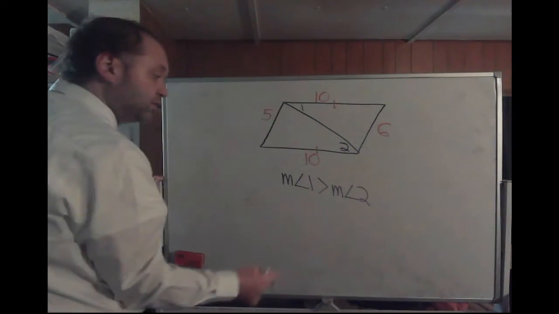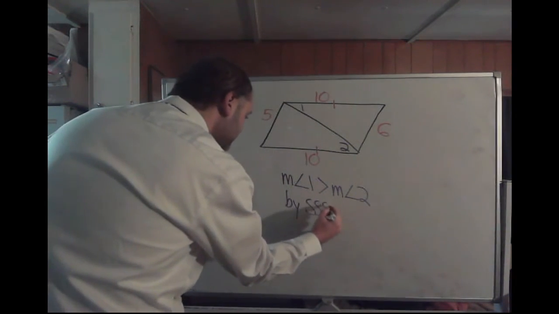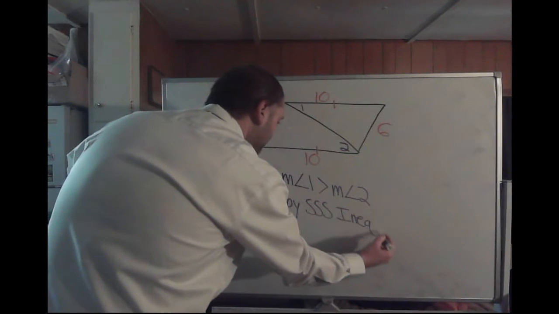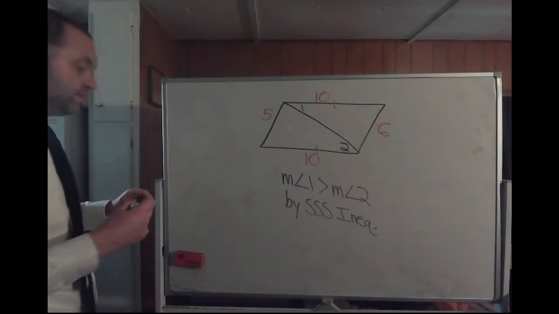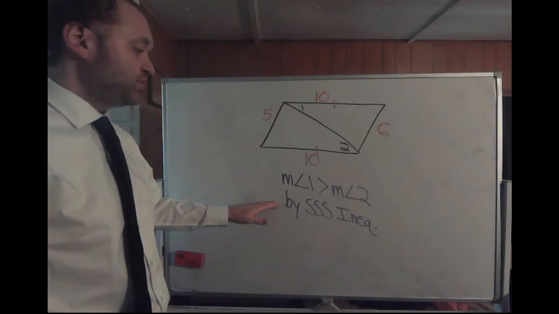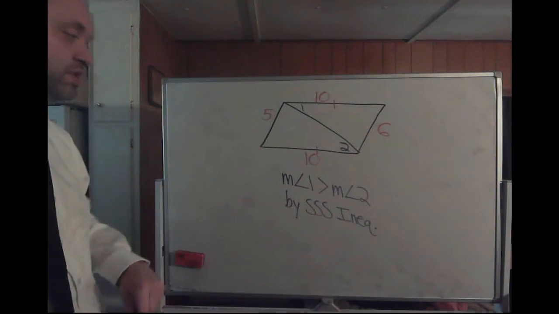How can we conclude that? This is by the side-side-side inequality theorem. So by the side-side-side inequality theorem, we can actually conclude that the measure of angle 1 is greater than the measure of angle 2.